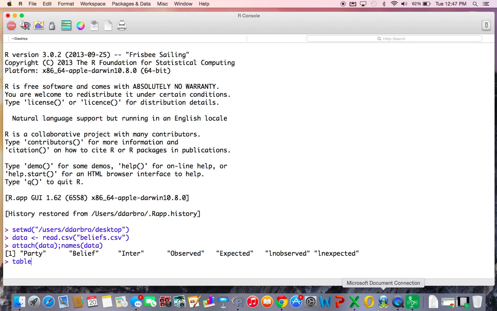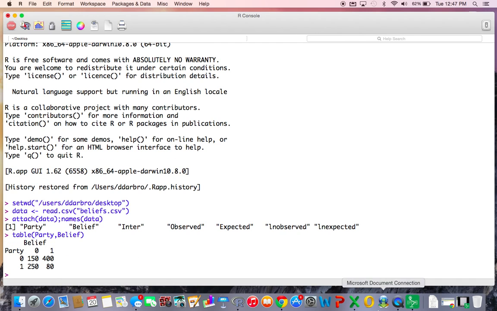Let's go ahead and just look at a table just for party and belief. You can see that the contingency, or the distribution of frequencies, is exactly for zeros and ones, as we need it to be. But guys, remember, we're talking about the natural log of the observed. Every single calculation that we made used the natural log of the observed count.